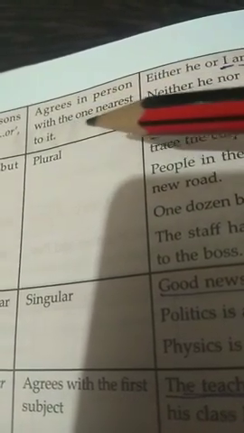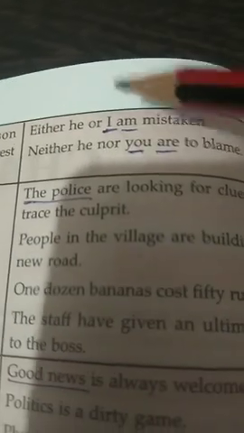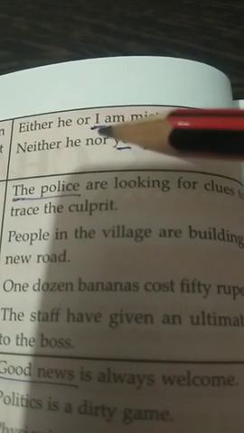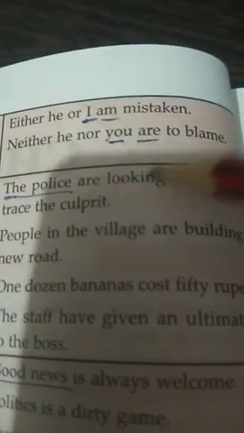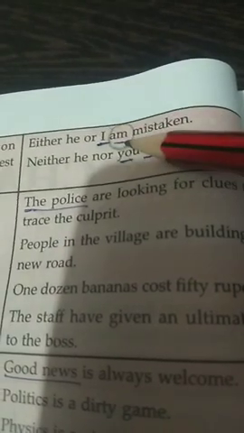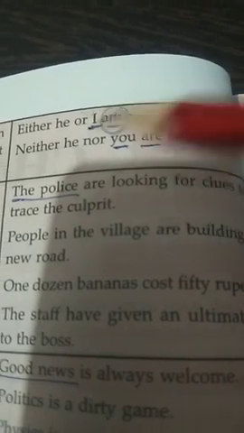See the example, it will become clear. Either he or I. And then comes what? The verb. Either he or I am mistaken.